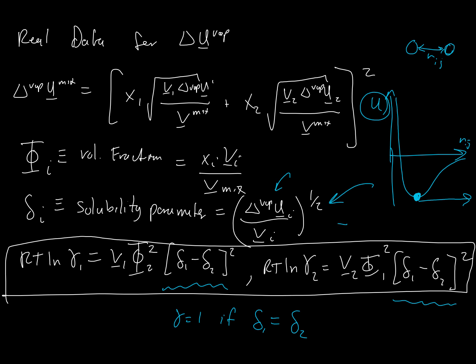So what this solubility parameter basically says is if I take two molecules and I stretch them apart, it takes a certain amount of energy to stretch them an infinitely far distance apart. If two molecules have similar amounts of energy that is necessary to rip them apart completely, then they're probably pretty similar in structure, composition, and behavior. And that means that your activity coefficient is going to be likely equal to 1.